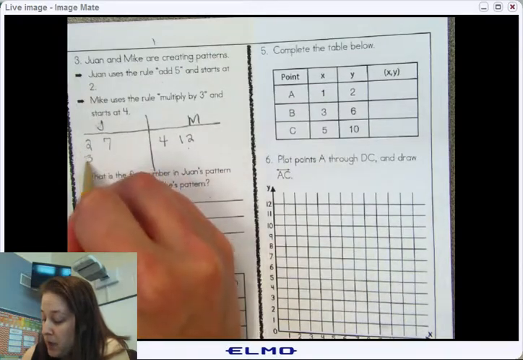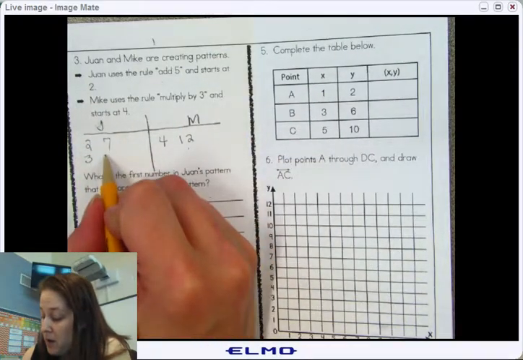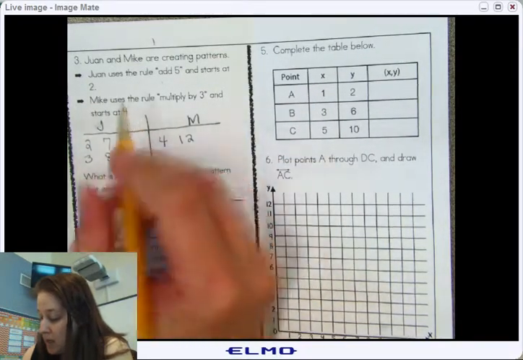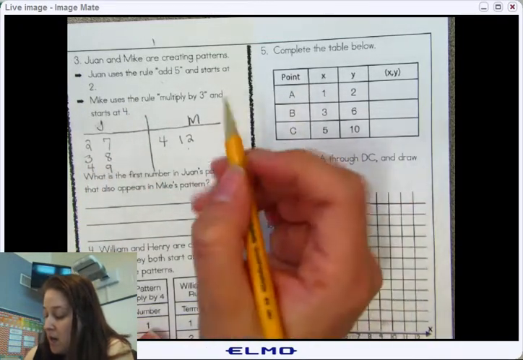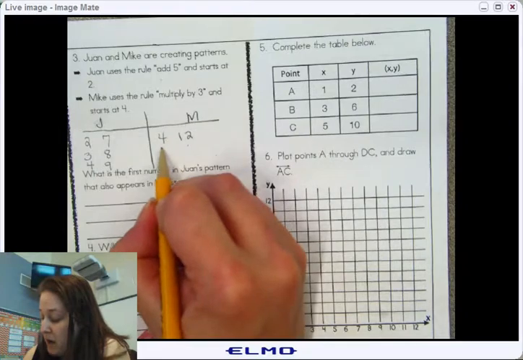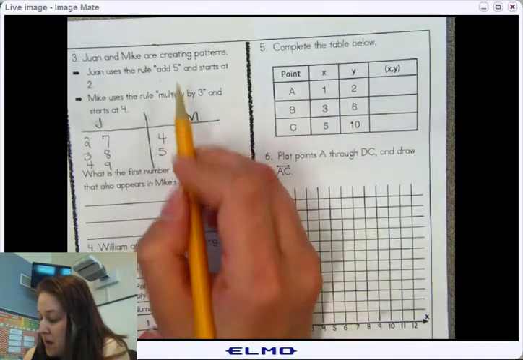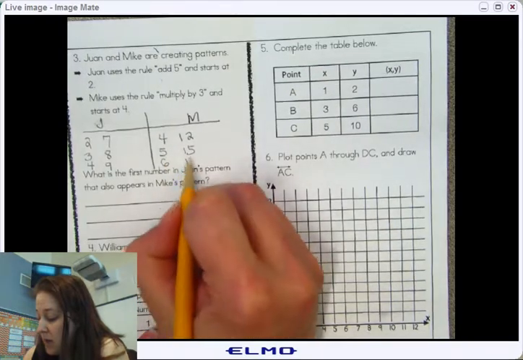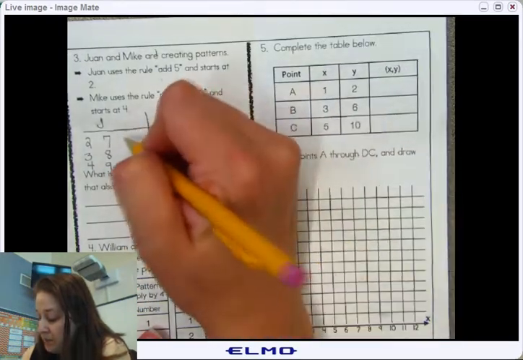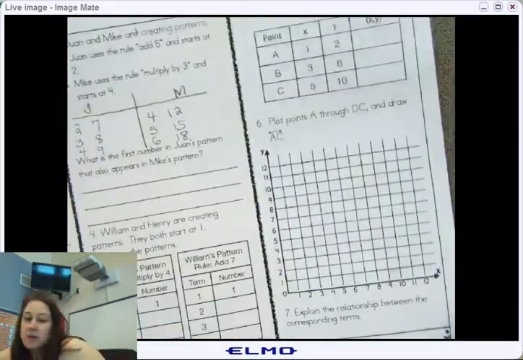So then I go 3 and I add 5 here. It would be 8, then 9. Let's go over here, and then I'm going to go to 5 times 3, which is 15, 6 times 3, which is 18. So I still don't have a match here, so I'm going to keep going.